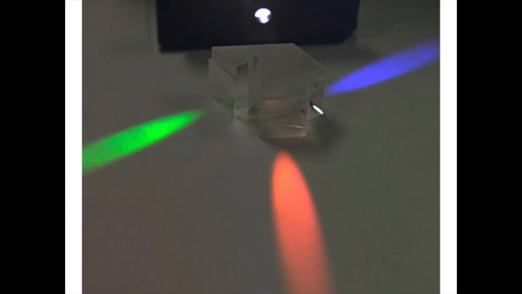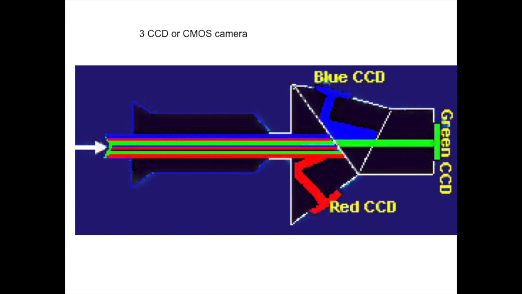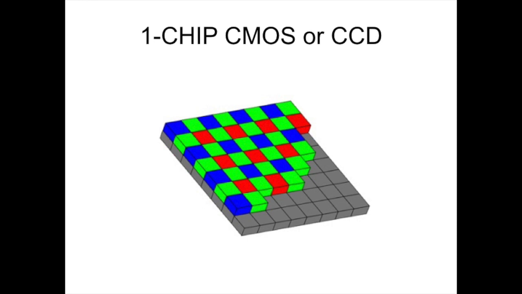That beam splitter then separates the image into those 3 primary colors and creates 3 separate images, and the information for those images goes on 3 separate CCDs, and then eventually mixes it back together. But in smaller cameras, there's only one CCD, and all the information is saved on that one chip.